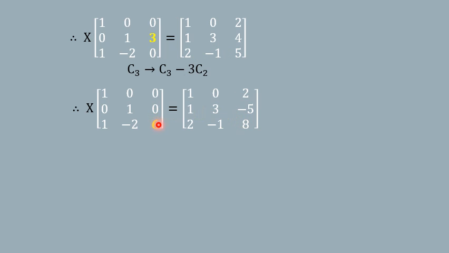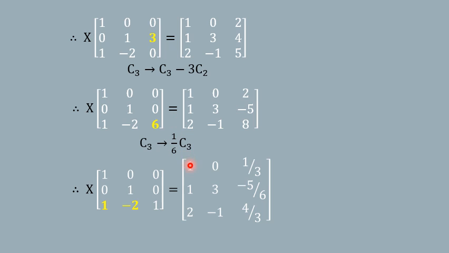Now after that, we have to reduce this element to 1. For that, we divide the third column by 6. That means we perform this operation: C3 changes to 1 upon 6 into C3. We get this one. After that, by using the third column, we have to reduce these two elements to 0. Okay.